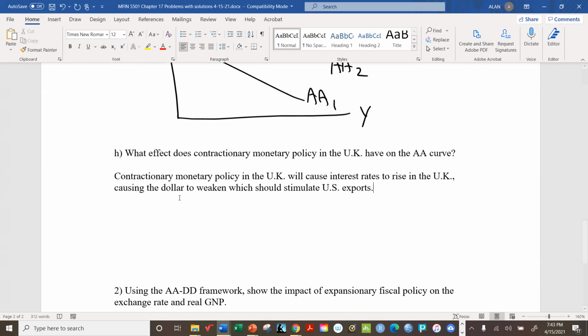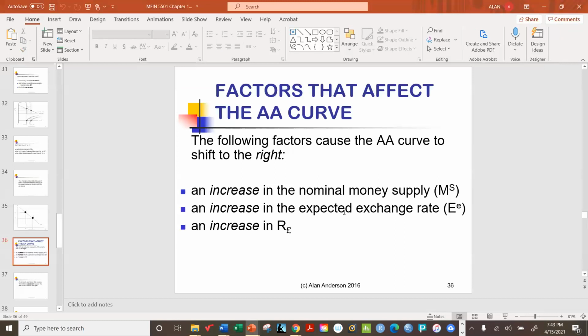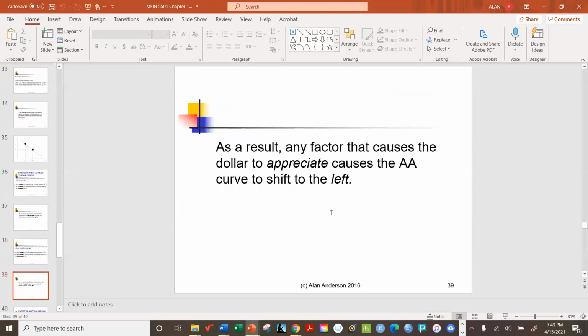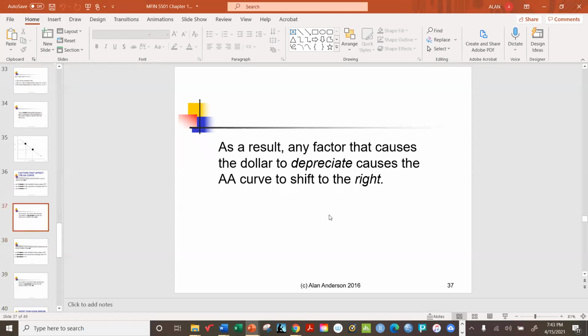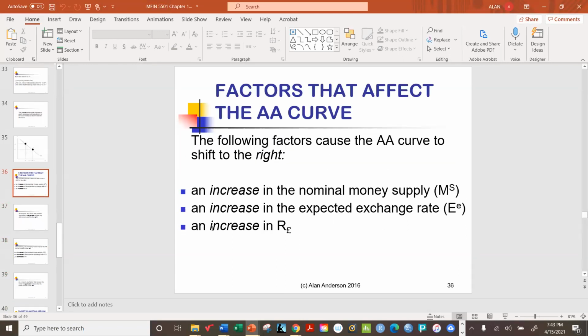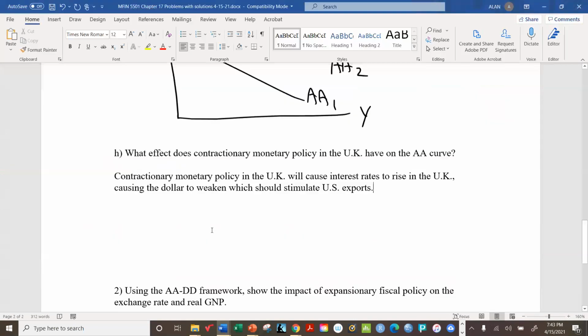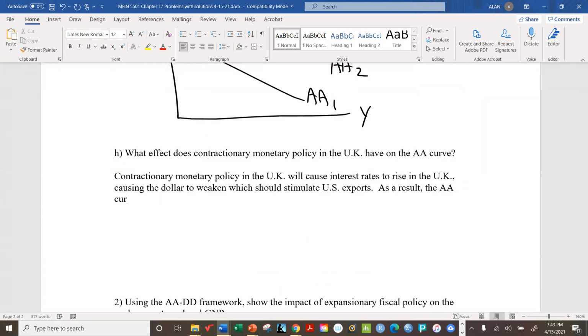Okay, so contractionary monetary policy, higher, right, whoops, it was right there. Higher UK interest rates shift the curve to the right. As a result, the AA curve will shift to the right, just like in the previous one. All right.